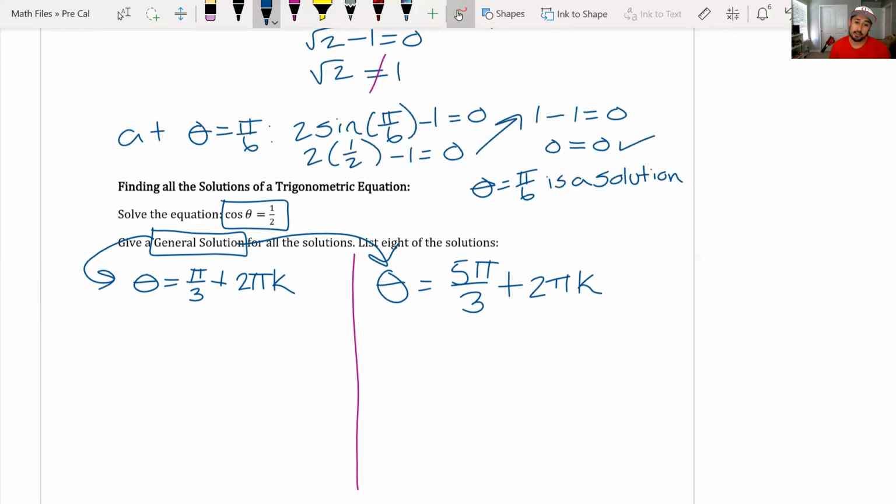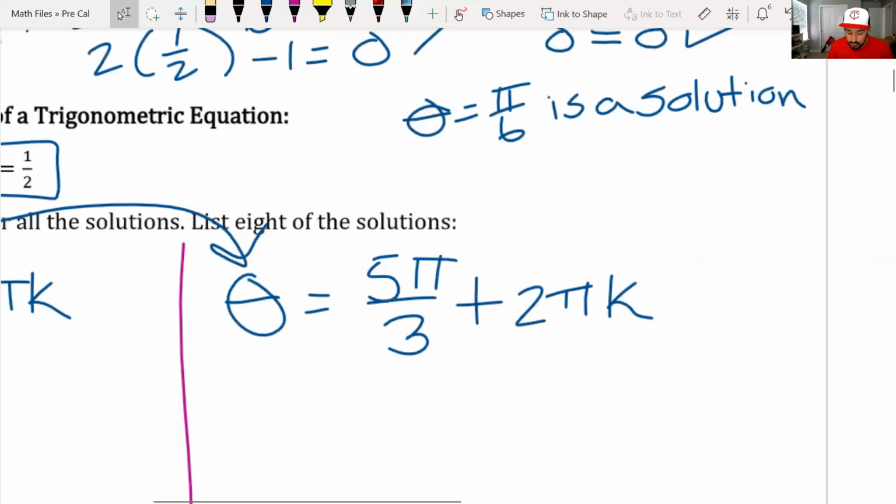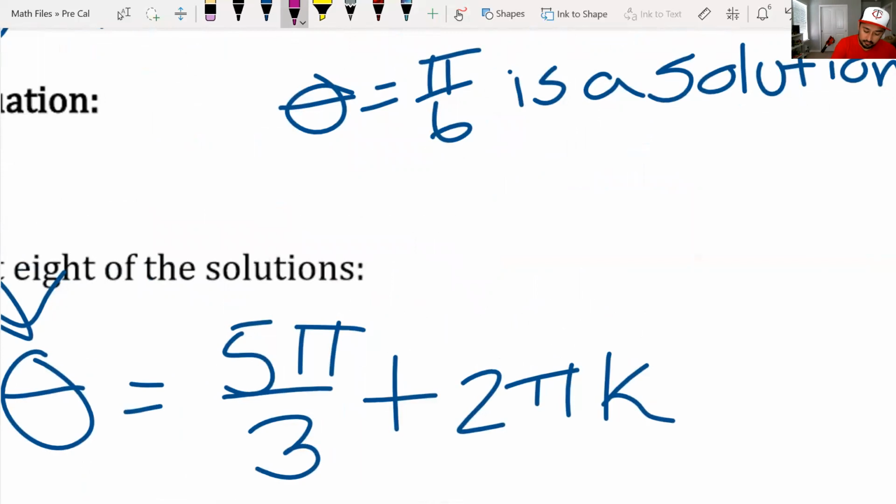Now all it wants us to do is list 8 solutions. This means we get to pick values for k. And you get to pick whatever values you want for k. It does not matter as long as k is an integer, right? K has to be an integer. Let me write that down somewhere. K is any integer.